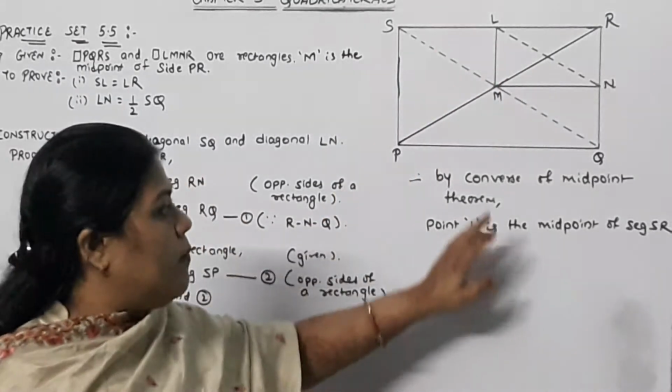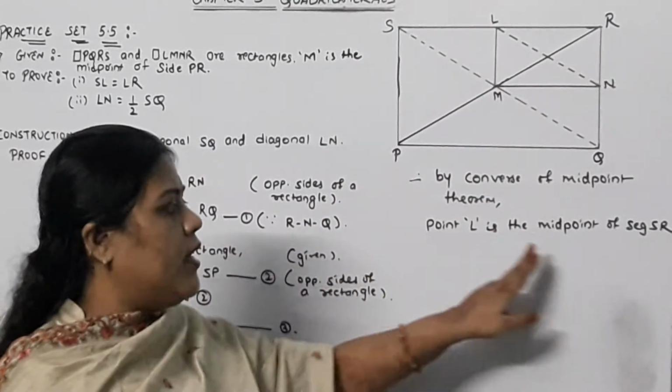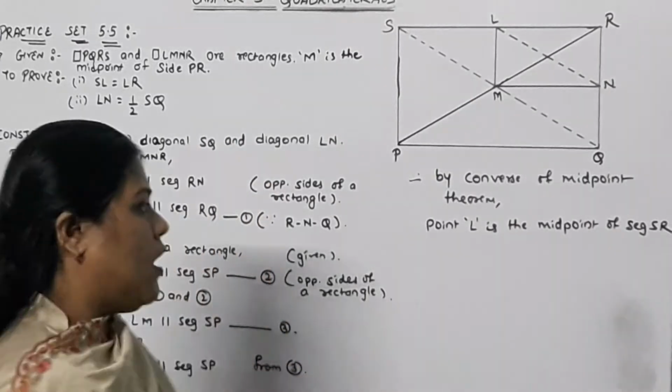Right? So that way, by the converse of the midpoint theorem, point L is the midpoint of seg SR.